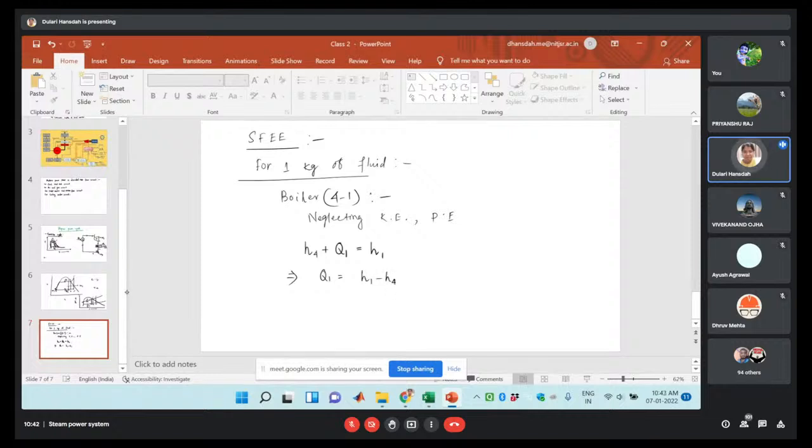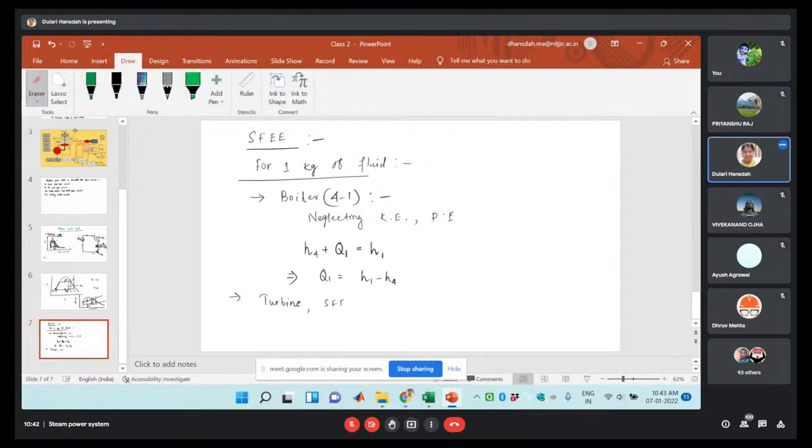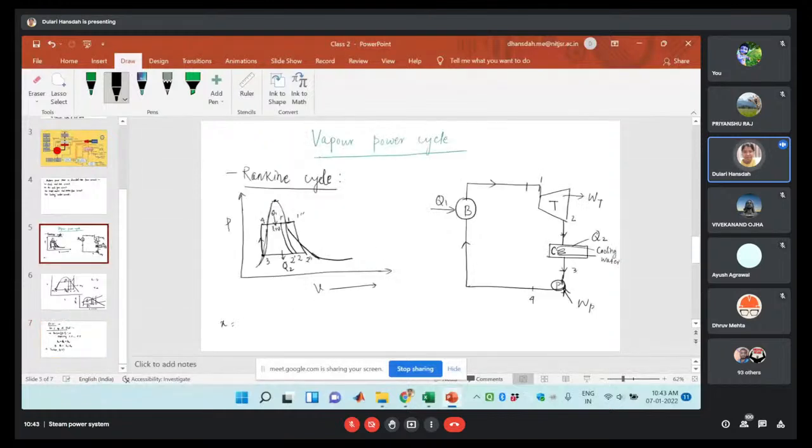So similarly for the second component, that is your turbine. If turbine is considered as the control volume, in that case steady flow energy equation will be, so turbine in this case that process is 1 to 2 process, right? 1 to 2 process हमने लिया है.